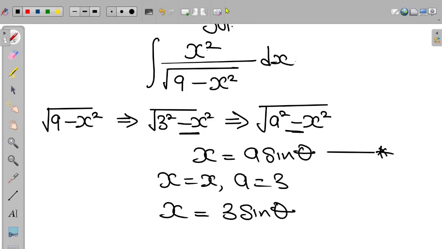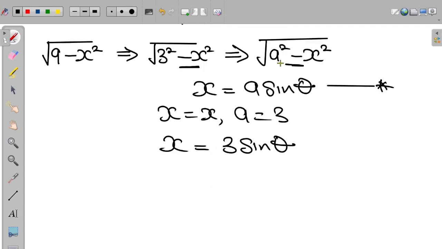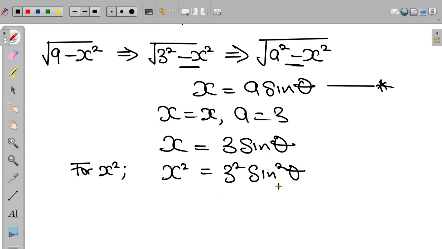Now, if you look at our integrand, we have x squared and we have the dx. So we have to obtain the value of x squared and obtain the value of dx. So for x squared, we take the square of both sides. So this becomes x squared equal to 3 squared multiplied by sine squared theta, and this is giving us 9 sine squared theta.